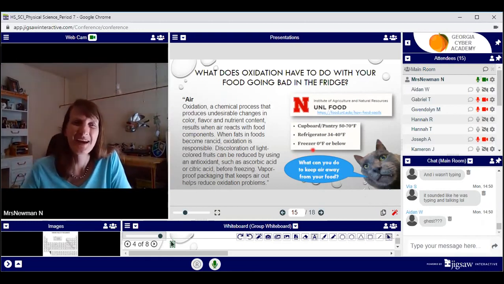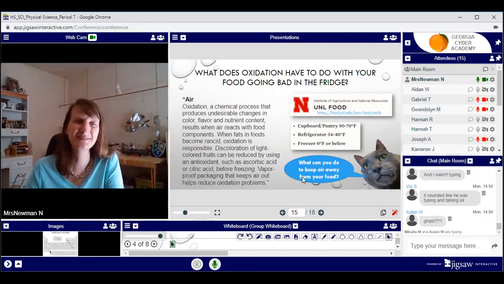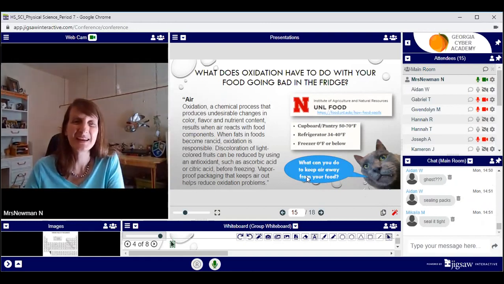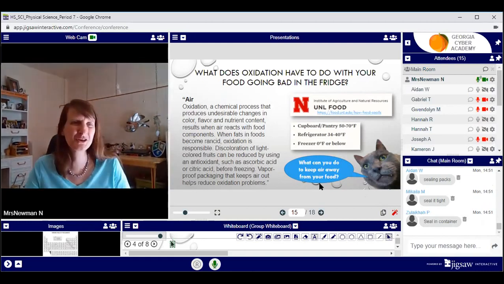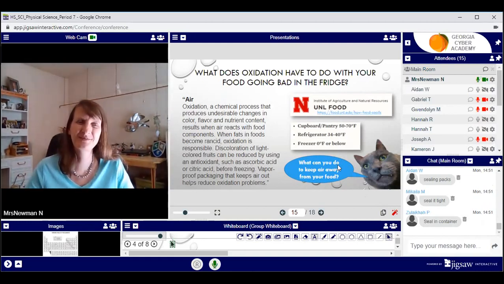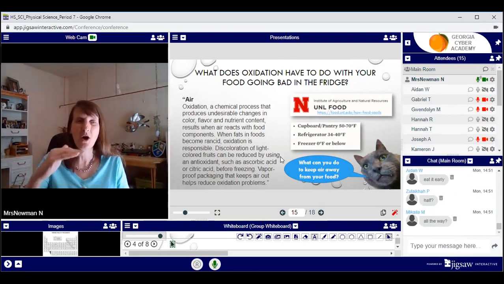Maybe. All right, so what can you guys do to keep air away from your food? Yes, seal it tight, so keep your container sealed. How full should you make your containers? Yeah, eat it quickly. Oh, all the way full.